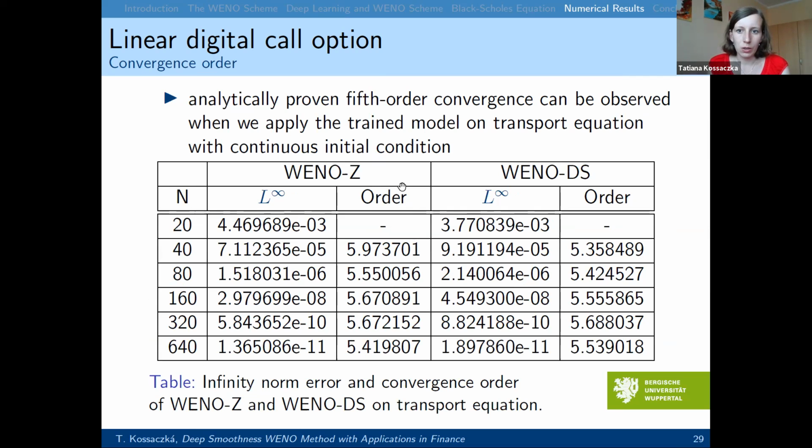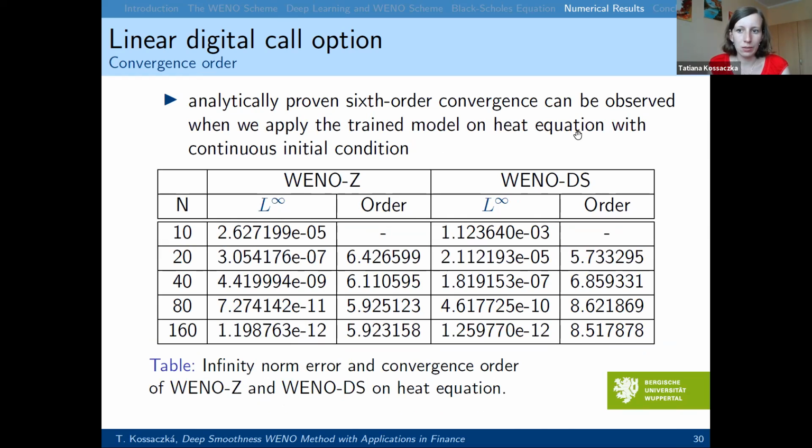We also applied it to heat equation with continuous initial condition, and here we should have order of 6, and as you can see, it's also preserved here.